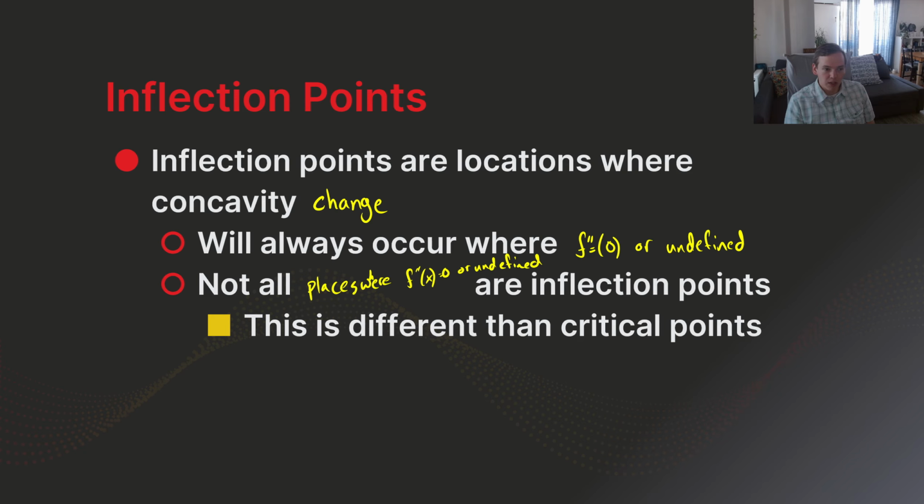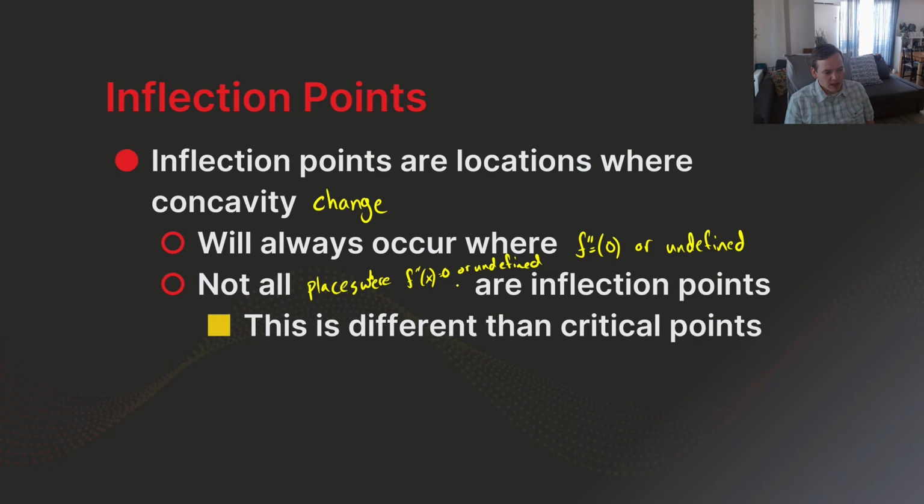This is different than critical points, where we said everywhere that the first derivative is 0 or undefined is a critical point, but not all critical points will be a peak or a valley, in other words, a minimum or maximum. It's unfortunate that the two main words mean different things in different contexts. They're not perfectly analogous, but that's just the way calculus works.